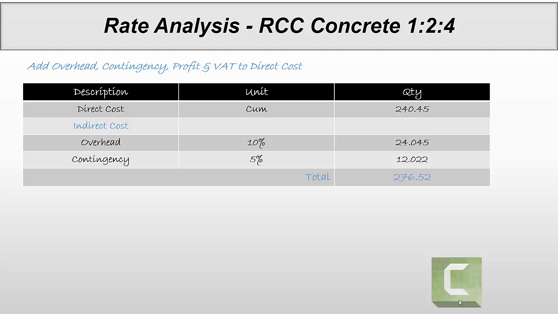Contingency depends upon the nature of the project. Some projects have higher contingency and some have lower. You can take up to 3% as well as up to 8 to 10%. So we will take 5% for the standard normal project. So for 5%, 12.0225 riyal for contingency for 1 cubic meter concrete. So total cost is now 240 plus 24 plus 12, 276.52.